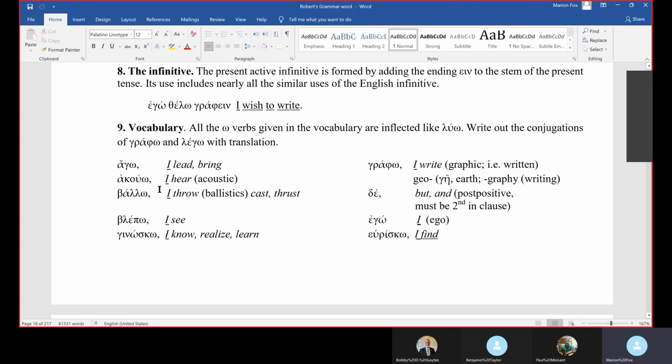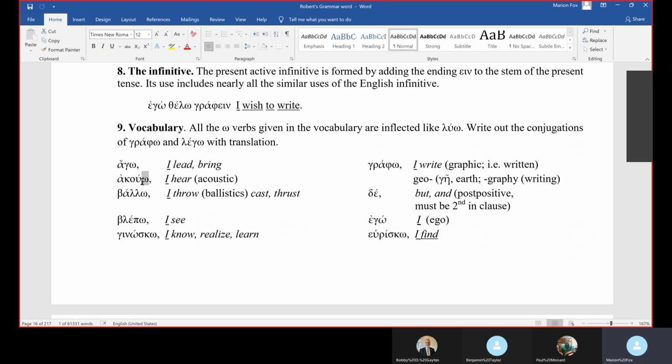This is akuo, so it's 3 syllables. Akuo, akuo, akuo. That emphasis on the diphthong. The omicron upsilon is a diphthong, so it's treated like one syllable. It just gets one syllable. It's got a single vowel sound, oo, akuo. We drop the omega ending, that's first person singular.